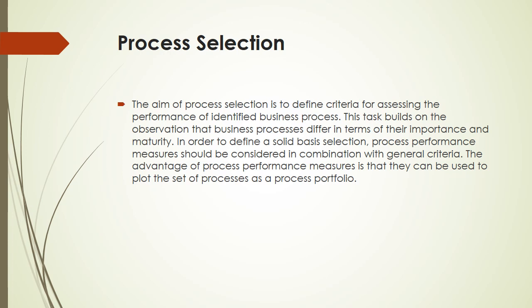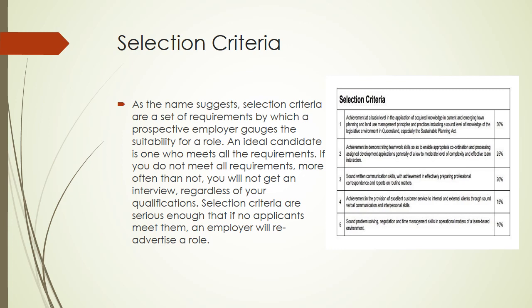The advantage of process performance measures is that they can be used to plot the set of processes as a process portfolio. The first thing in the process selection is the selection criteria. As the name suggests, selection criteria are a set of requirements by which a prospective employer gauges the suitability for a role.